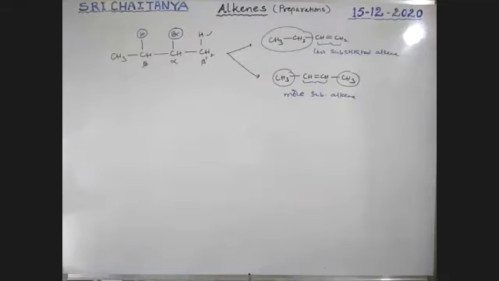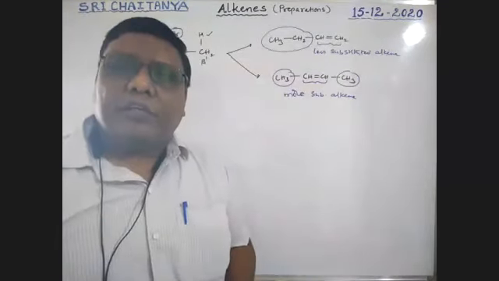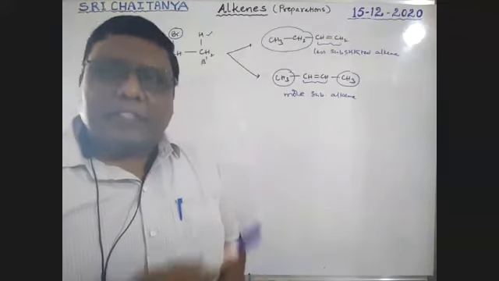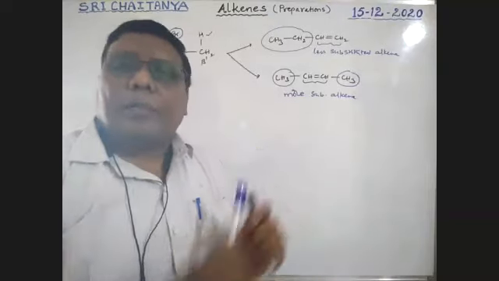Both are possible. Now, which is major and which is minor? That is decided by the base involved in the reaction. Is it a strong base? No doubt it is a strong base. Is it a bulky base or a normal base?